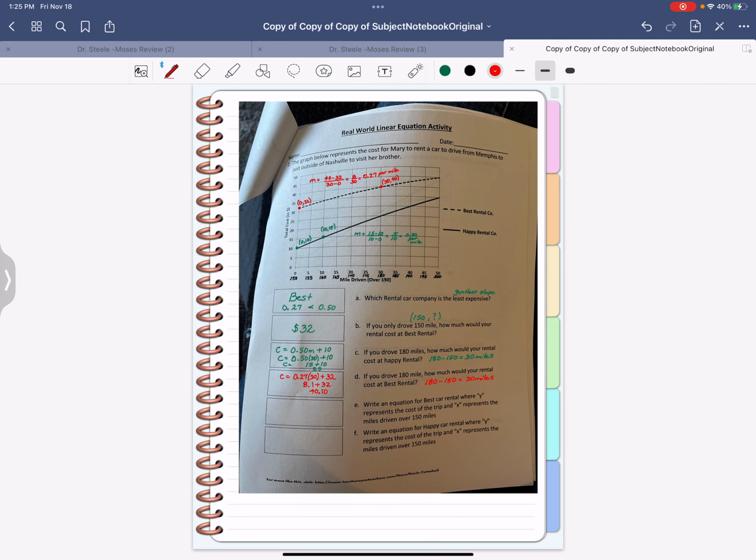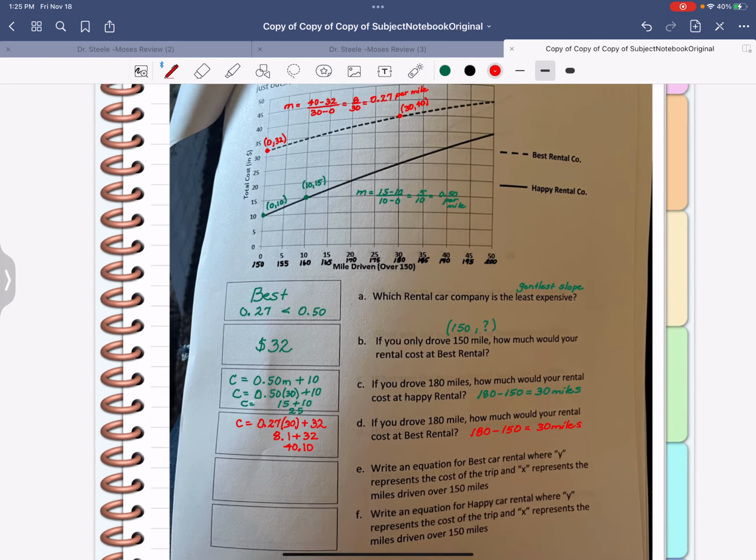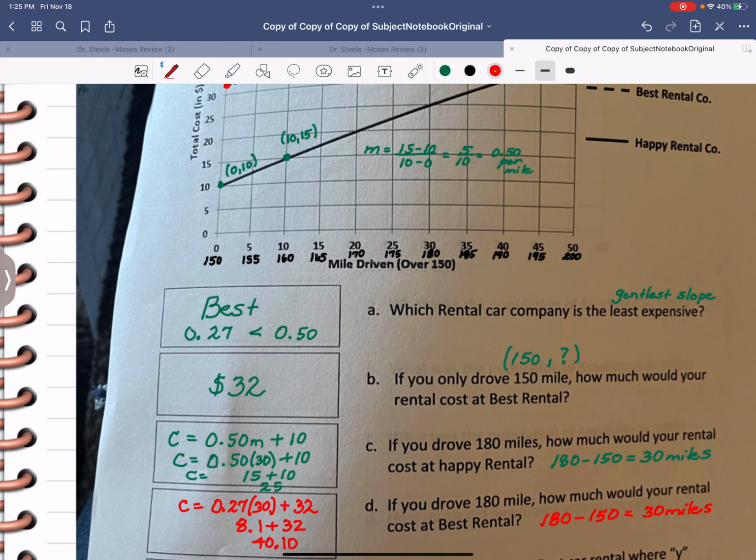Okay, now hopefully you have noticed something about number 1. I did this on purpose. I was hoping that someone is already thinking something's not right there, because I'm saying that the best rental company is less than the happy rental company.